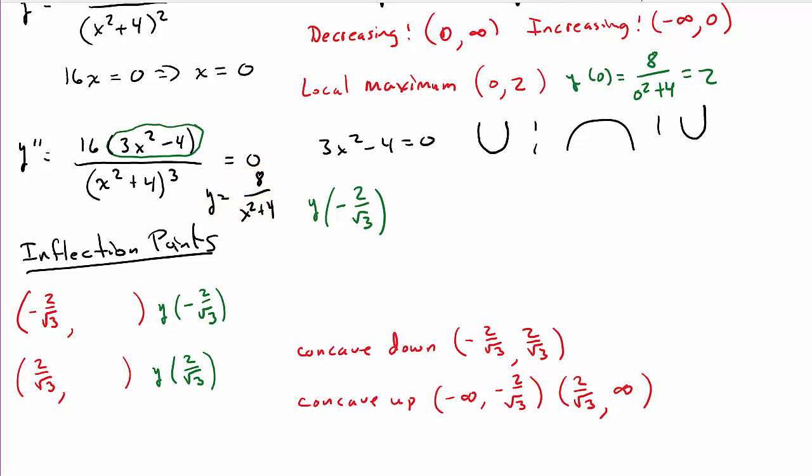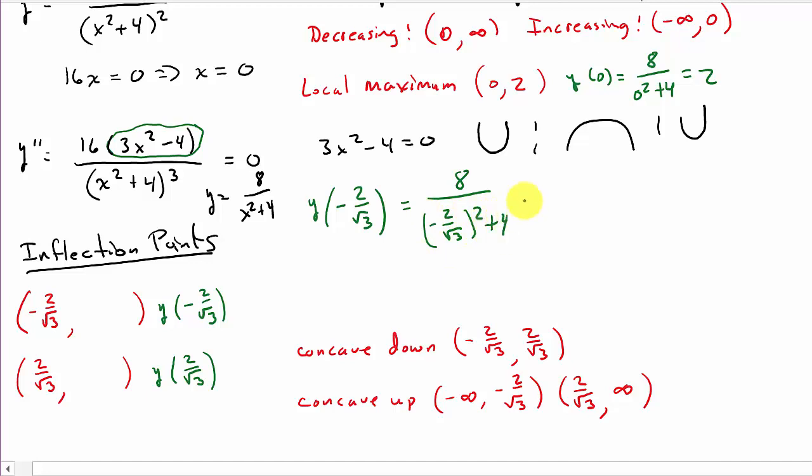That's our function. So let's evaluate. So I get 8 over -2 over square root of 3 squared plus 4. So that's 8 over 4/3 plus 4. And so remember, you can look at all these as being over 1. So I'll multiply 3 to each one.